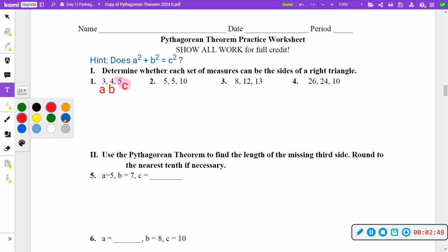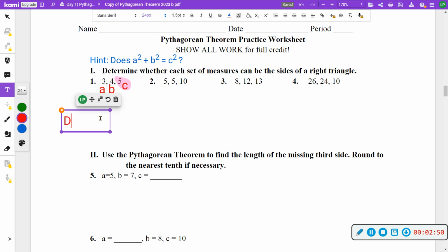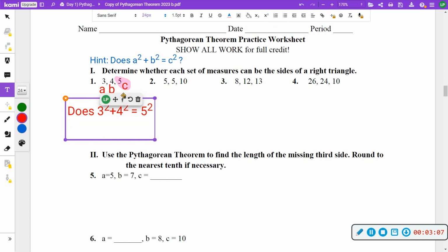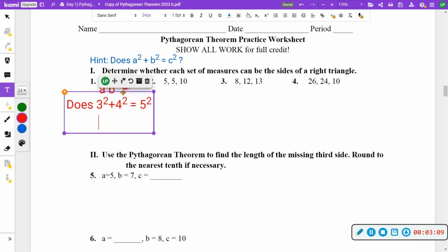And so what I'm trying to find is: does 3 squared plus 4 squared equal 5 squared? Well, let's see. 3 squared is 9, 4 squared is 16, 5 squared is 25.